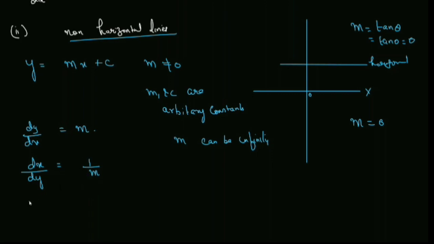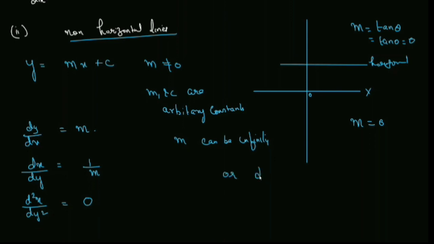Now differentiate. The second derivative is d square x by dy square. This is a constant anyway, so when you differentiate it, it will become 0. So the differential equation of non-horizontal lines will be d square x by dy square equals 0.